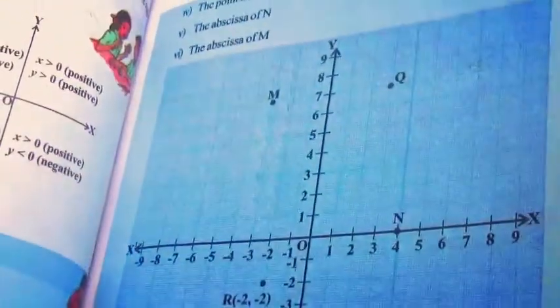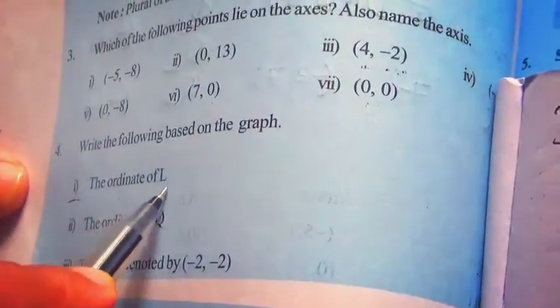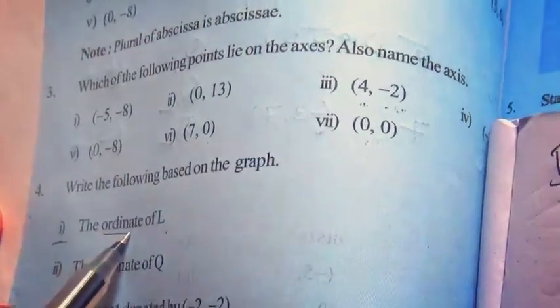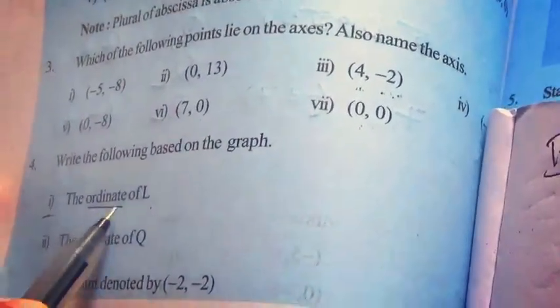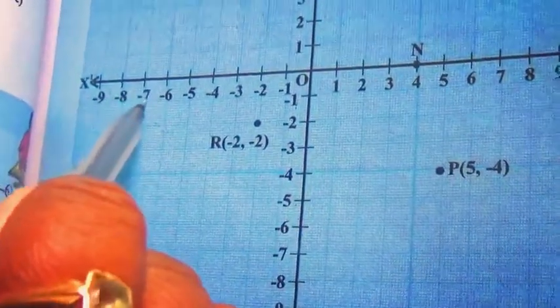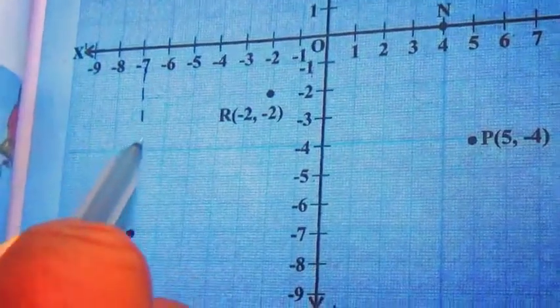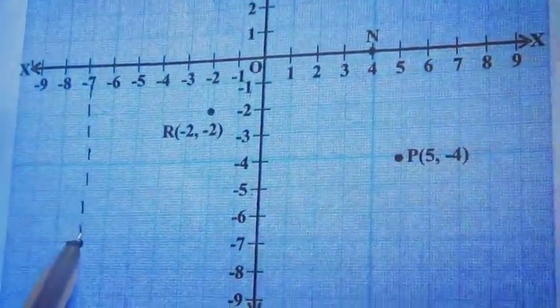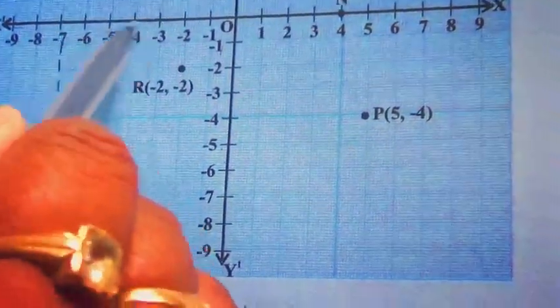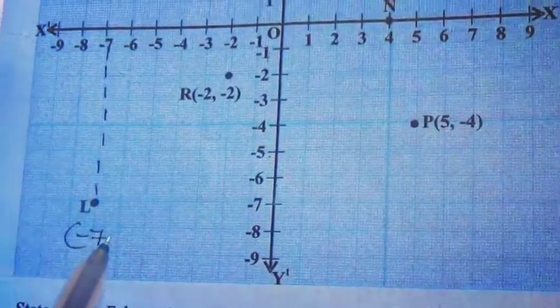X-axis, Y-axis. What is the first question he gave? The ordinate of L. Ordinate means y coordinate. Where is L? Here. When you join this with L, the x coordinate is -7.